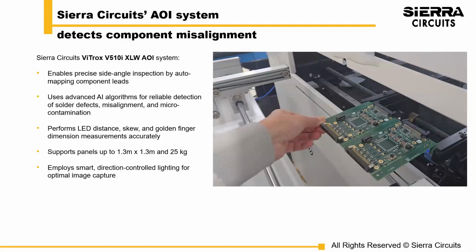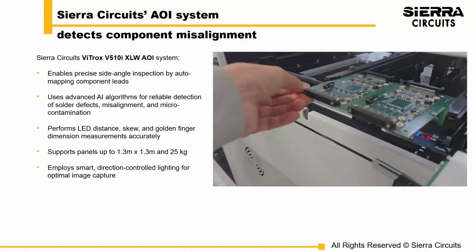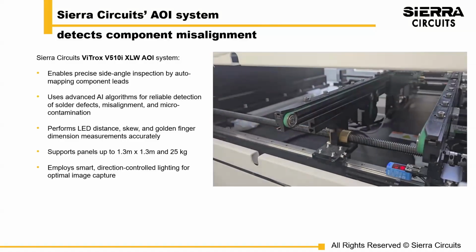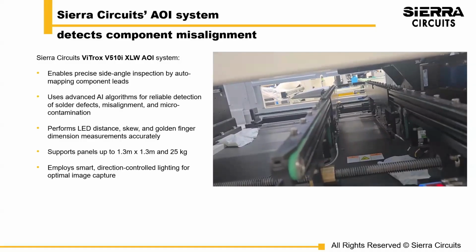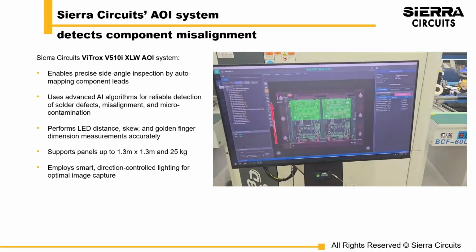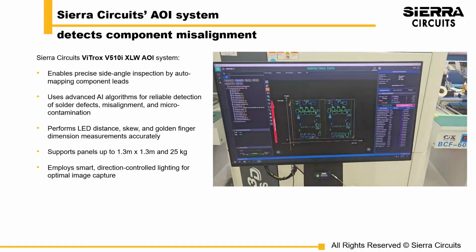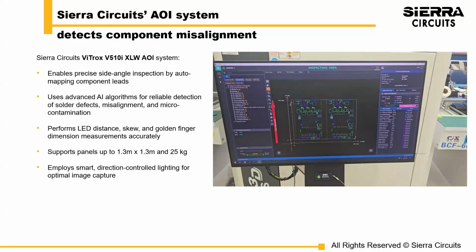Now we'll discuss Sierra Circuit's AOI system that detects component misalignment. I'll just play the video here. So Sierra Circuits uses the Vitrox V510i XLW AOI system. The advanced machine enables precise side angle inspection by auto-mapping component leads.